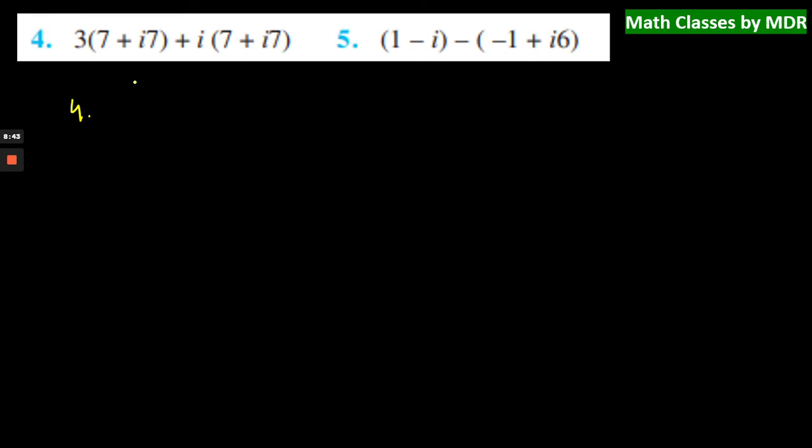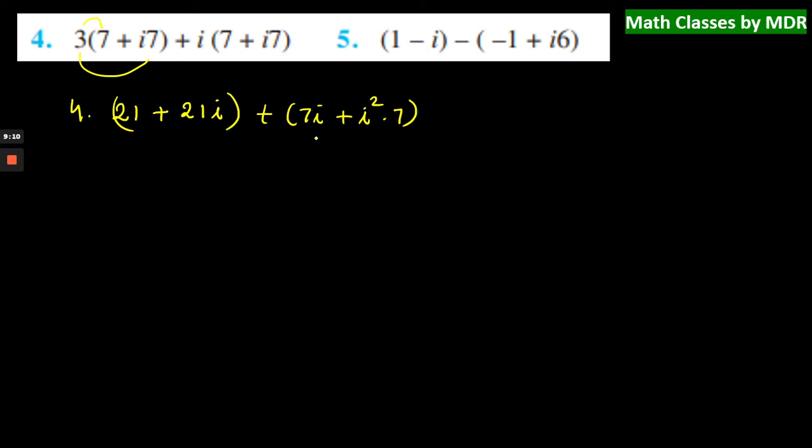So whenever we have a complex number, we can multiply with any constant, just like we do for algebraic expressions. That is 3 into 7, 21, plus 3 into 7, 21i, and then plus i into 7 is 7i, plus this is i square into 7.